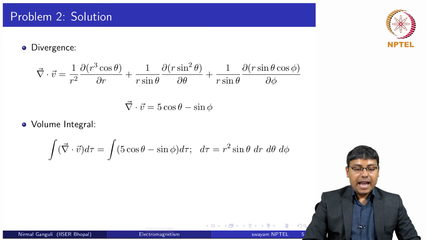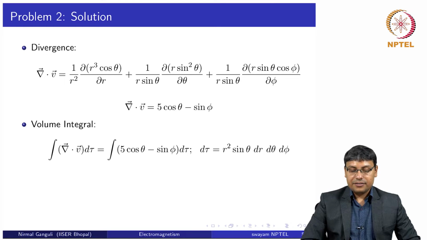And if we perform a volume integral over this divergence, we will have to multiply it with the volume element, and the volume element in this context is r square sin theta dr d theta d phi. We have already talked about the ranges of r, theta and phi.